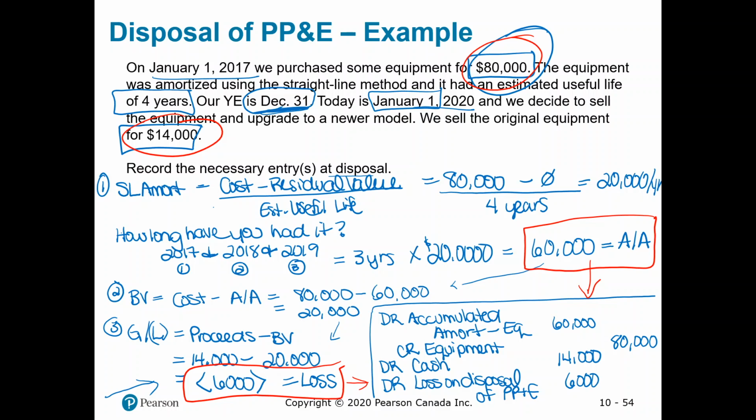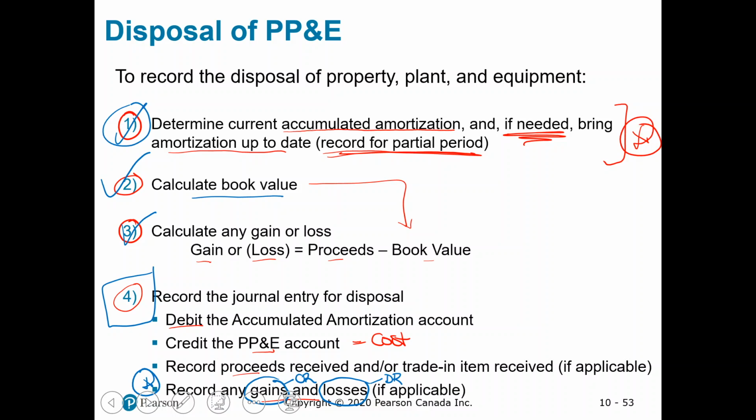And here, 60,000 plus 14 plus 6 equals 80,000. So our debits do equal our credits. We've got everything in there. Okay, so that is one example of recording a disposal. You always use these 4 steps, and it helps break it out. And as you follow the steps, then you should get to an entry that matches.